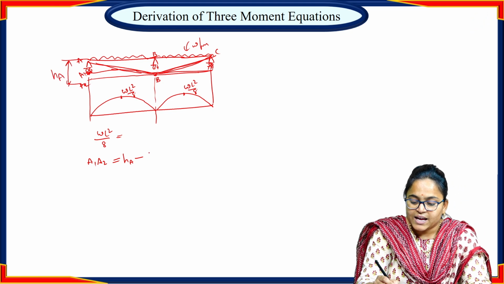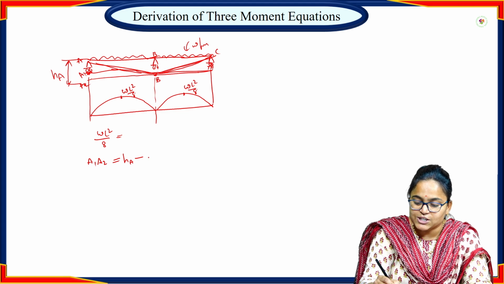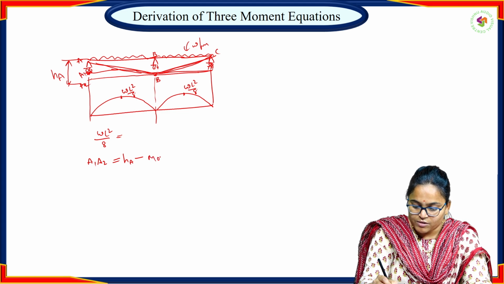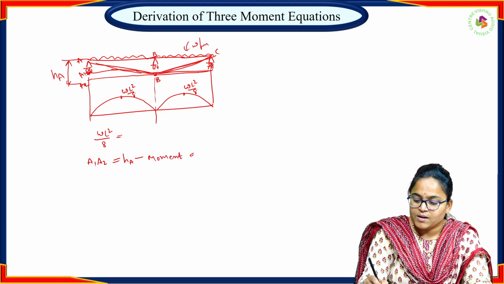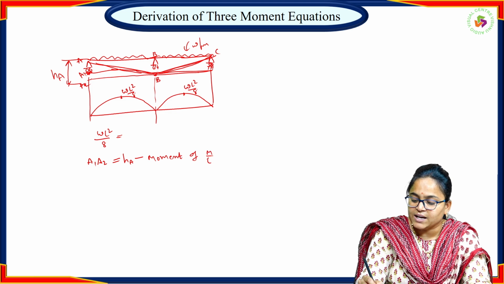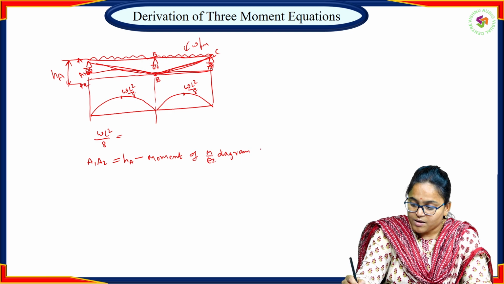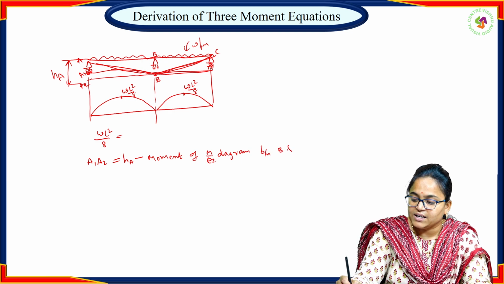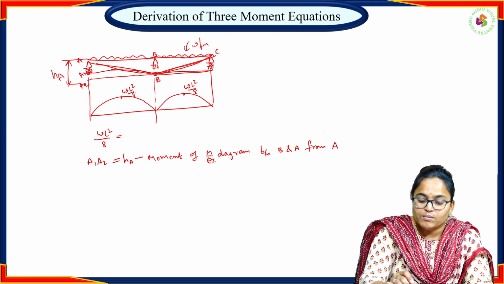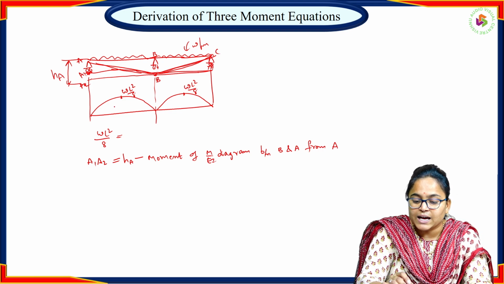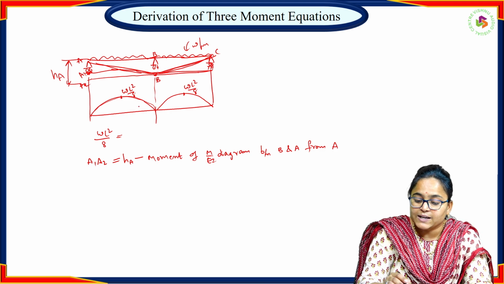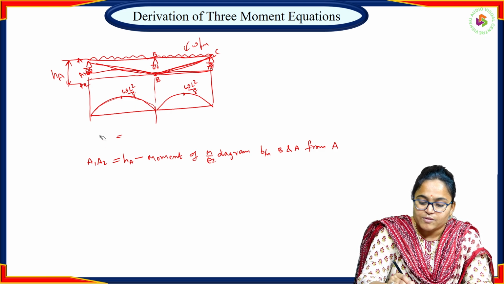Now we can write HA minus A1 A2 as HA minus the moment of the M by EI diagram between B and A from A. This is the M by EI diagram of this free bending moment diagram as well as the fixed bending moment diagram.